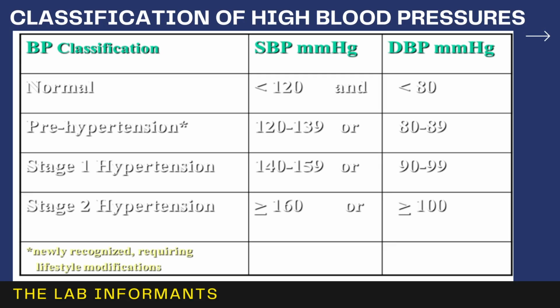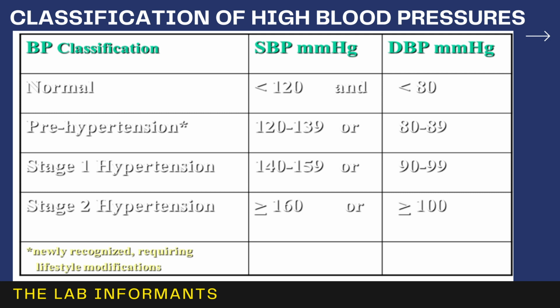Classification of high blood pressure. A normal blood pressure should be a systolic blood pressure of 120 or less and a diastolic blood pressure of 80 or less. Prehypertension is a systolic blood pressure between 120 to 139 and a diastolic blood pressure between 80 to 89.